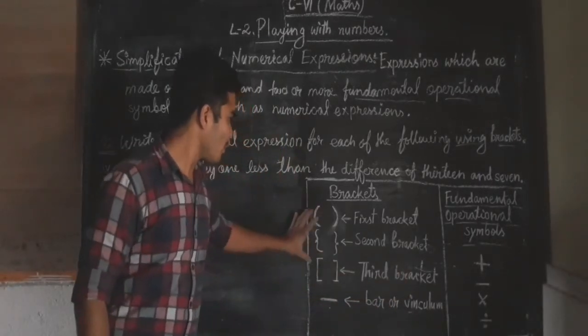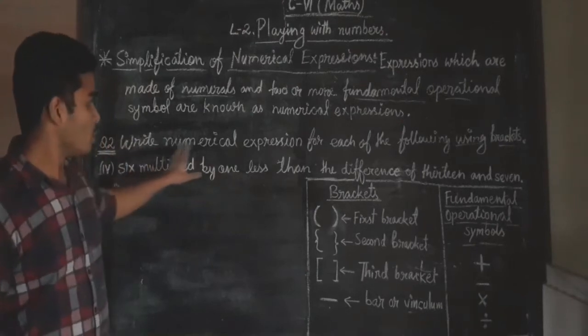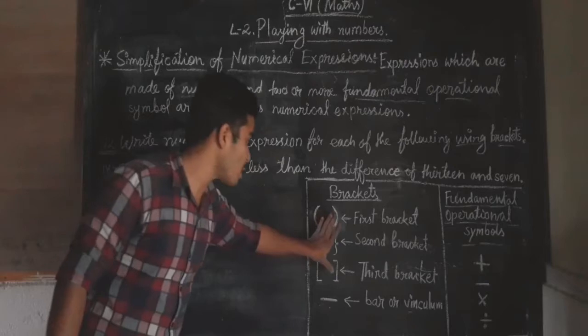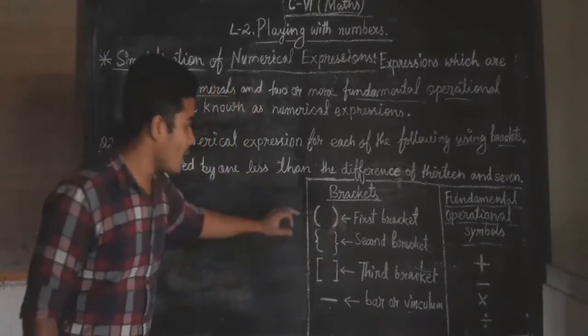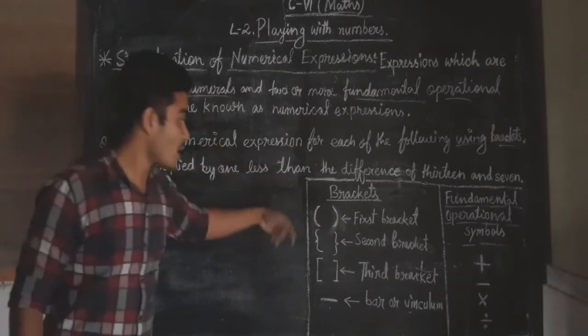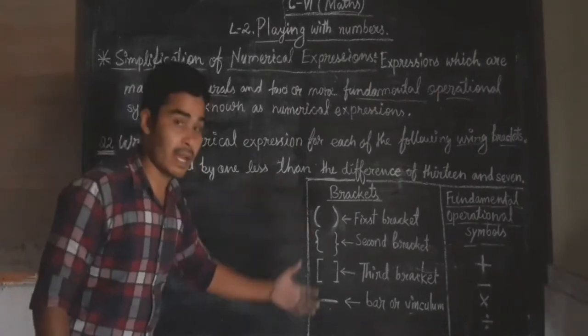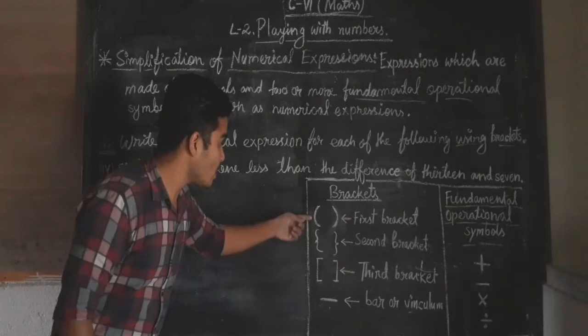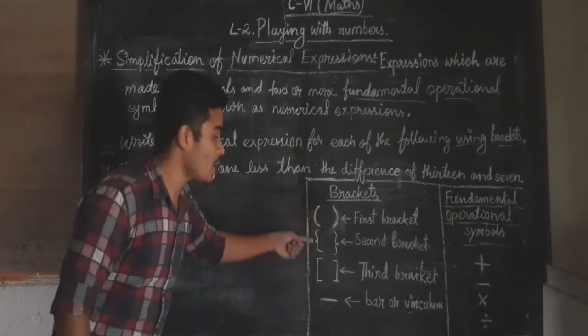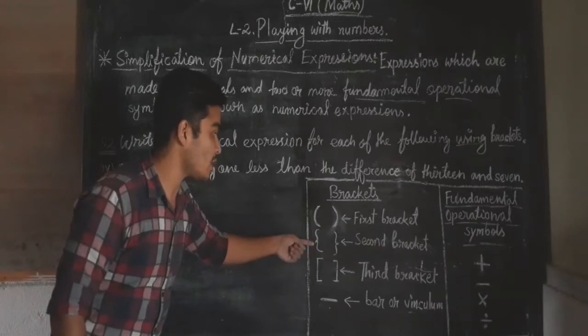For forming or simplifying any numerical expression, we should remember these brackets, because while we simplify a numerical expression, we have to open the brackets to get the answer. For that we have to open the small bracket first, then the next bracket, that is the second bracket.